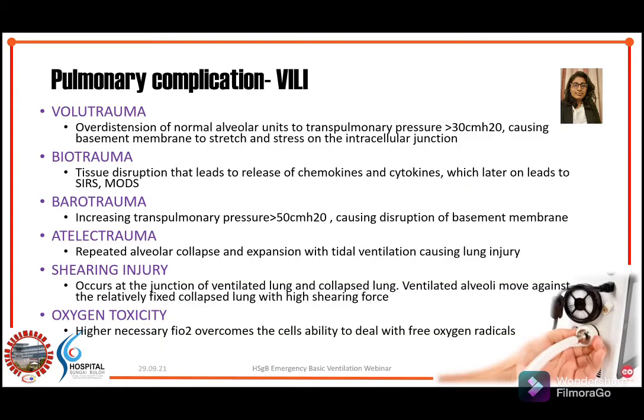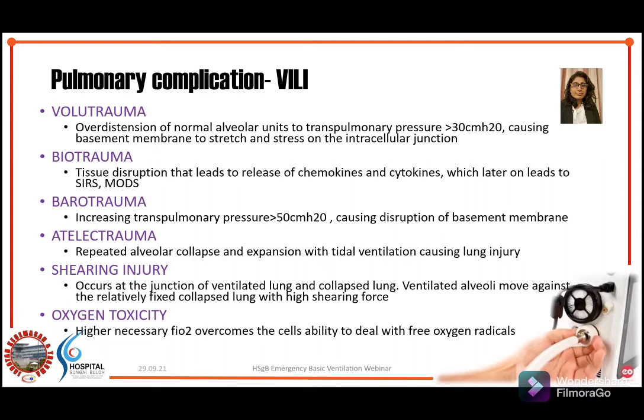Next, we move on to pulmonary complications, which is your ventilator-induced lung injury. There are 6 types of lung injury that can happen from your ventilator. The first is volutrauma, which is defined as overdistension of normal alveolar units to a transpulmonary pressure of more than 30. Biotrauma is a tissue disruption that leads to release of chemokines and cytokines, which later on leads to SIRS and MODS.